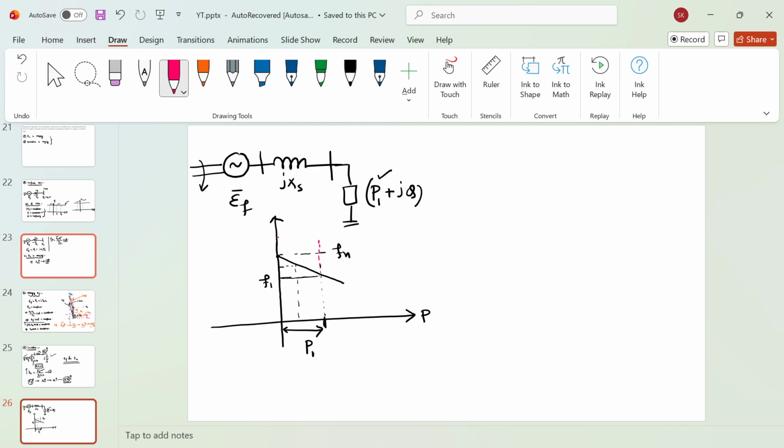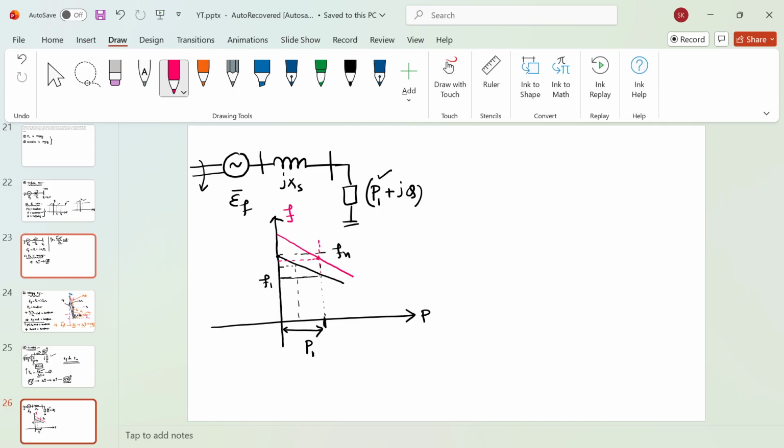Your frequency droop characteristic will shift. Now you have this new operating point, and because of the extra input only, the droop curve got shifted, and this is the operating frequency.